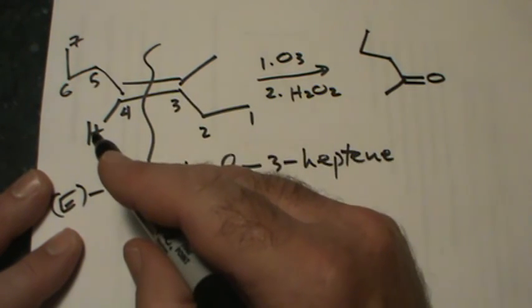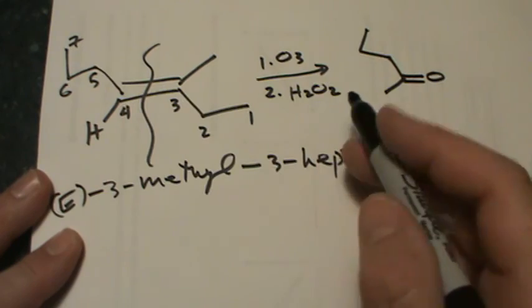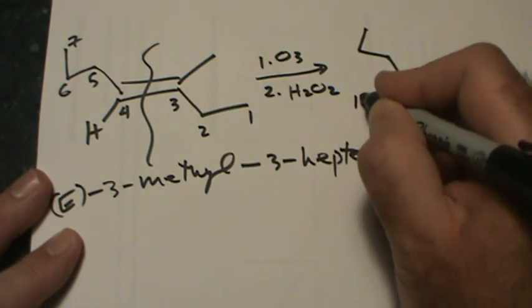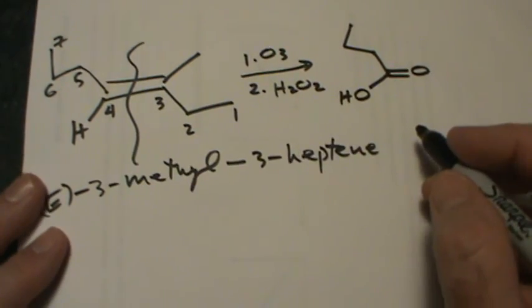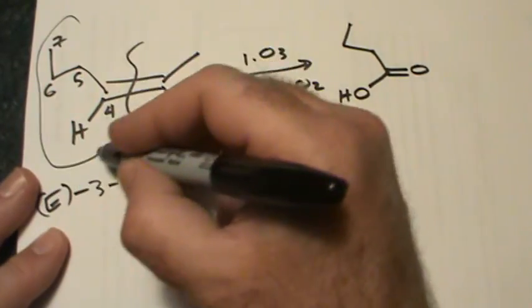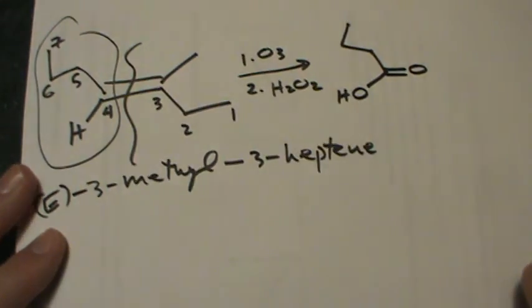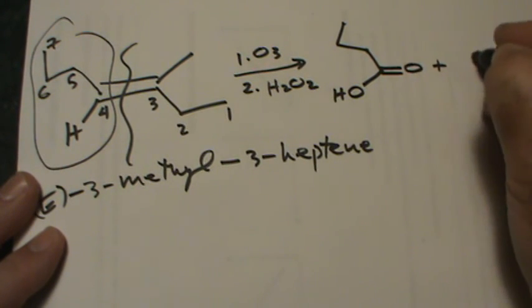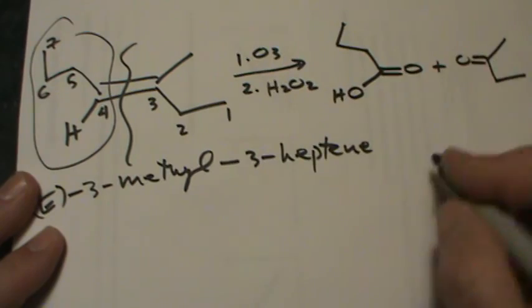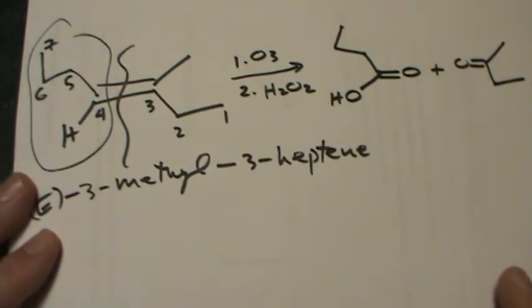You see this hydrogen right here? Under these oxidative workup conditions, it's going to be oxidized all the way to an OH group, meaning that I've formed a carboxylic acid. That gives me what results from this half of the structure, plus a ketone from the other half of the structure.